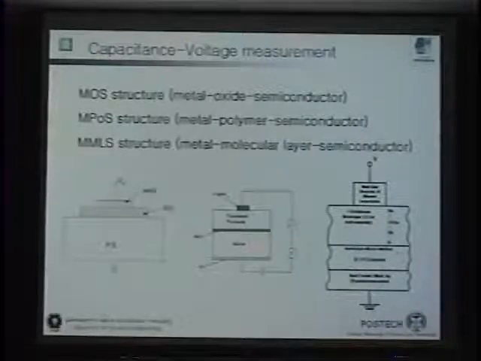For example, silicon single crystal, and in this case, fluorinated polyimide was used, and copper was used as a gate metal. And sometimes you insert thin layers of SiO2 to improve the interface properties.